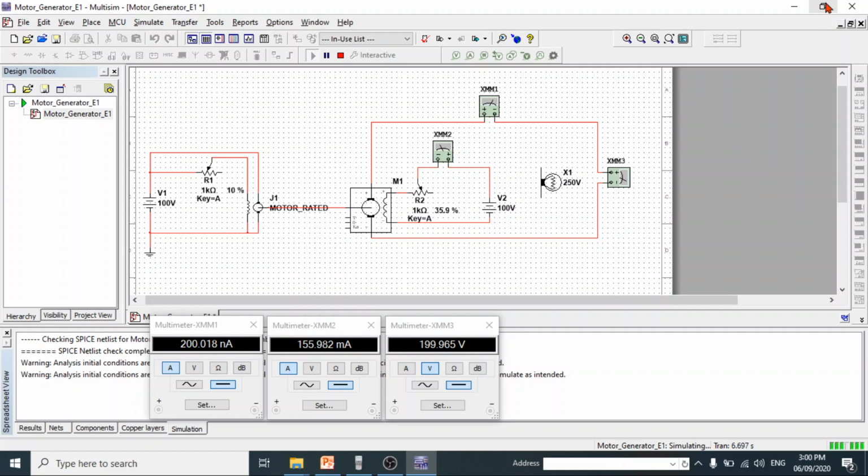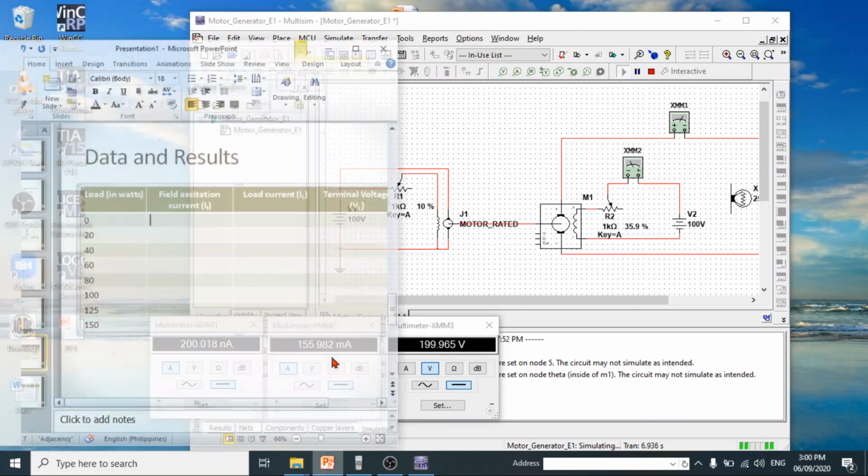Okay, so we gather the data by filling up the table.